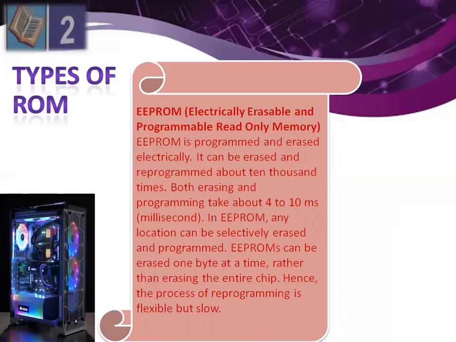But erasing and programming takes about 4 to 10 milliseconds. In EEPROM, any location can be selectively erased and programmed. It can be erased one byte at a time rather than erasing the entire chip. Hence, the process of reprogramming is flexible, but it is slow.